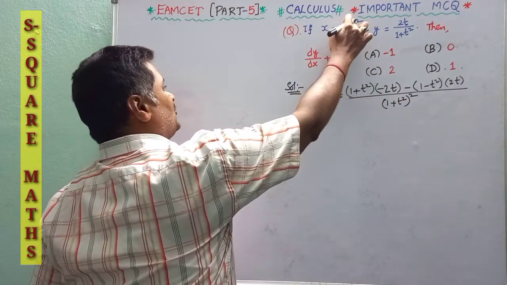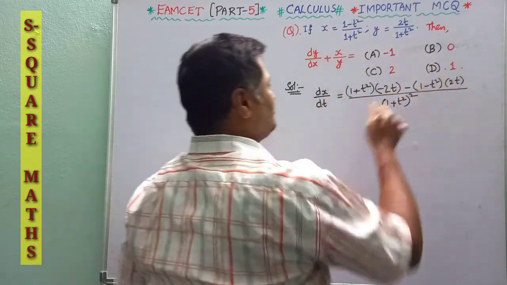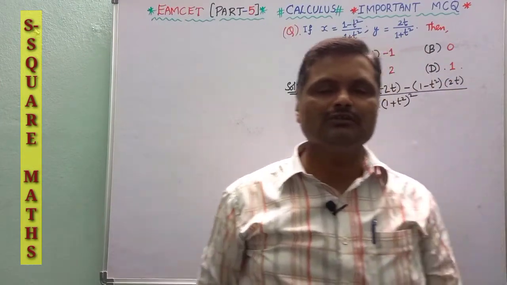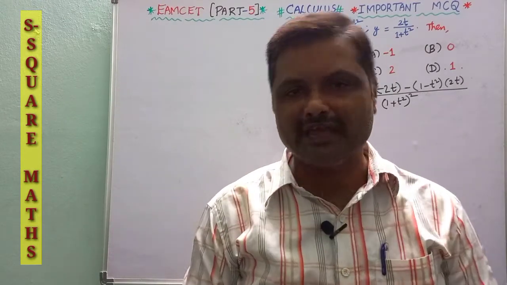That is v into derivative of u minus u into derivative of v, by v square. So the derivative of u by v has been employed here.